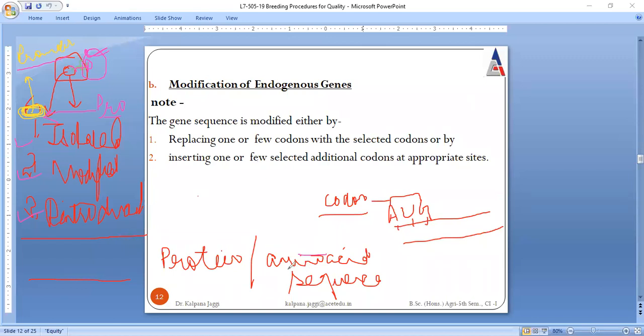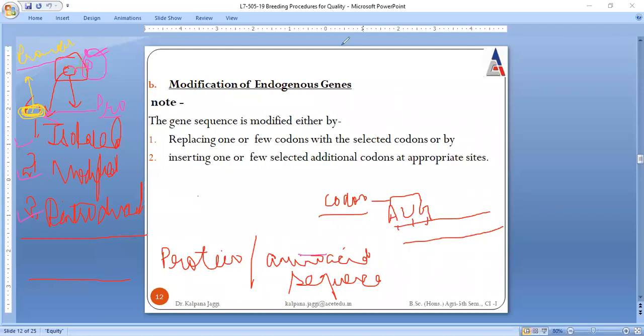So I said that while one goes for modification, these three steps are to be followed and taken care of, right? But how is this gene sequence to be modified?